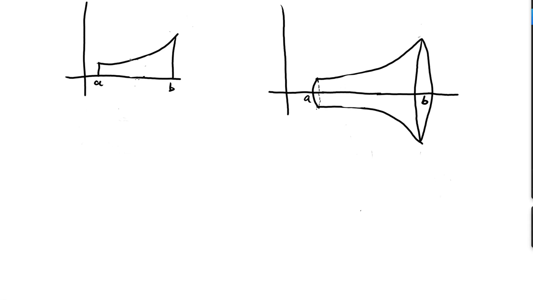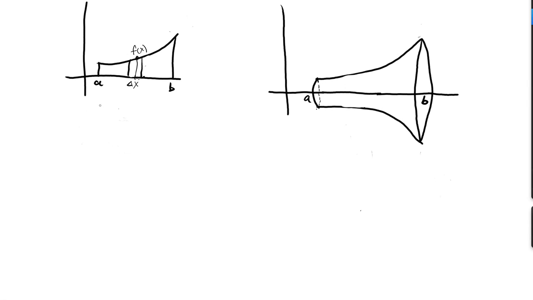We figured out that we can represent the area under the curve by taking these slices. The width of each slice is delta x, and the height of each slice is the value of the function at x. So you have a point x and you take the height of the function there.